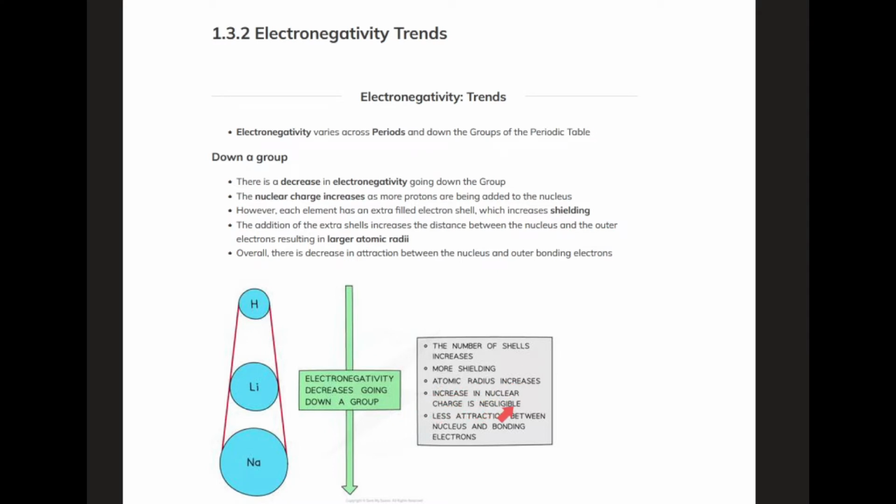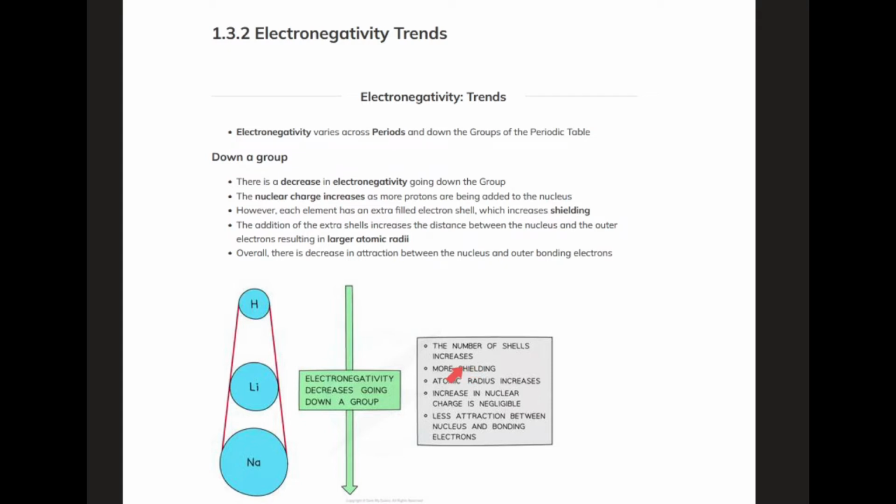The increase in nuclear charge is negligible. Although there are more and more protons, so supposedly more and more nuclear charge, we ignore this, because whenever shielding effect is there, the shielding effect will overcome the nuclear charge factor.